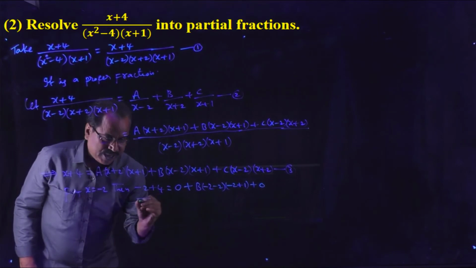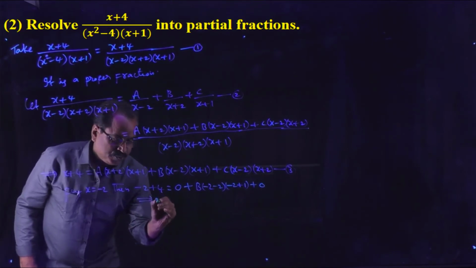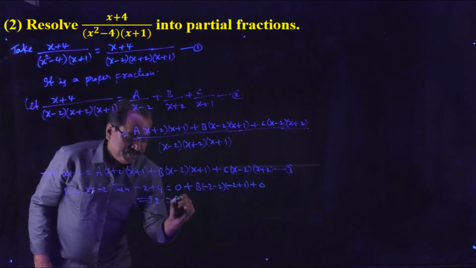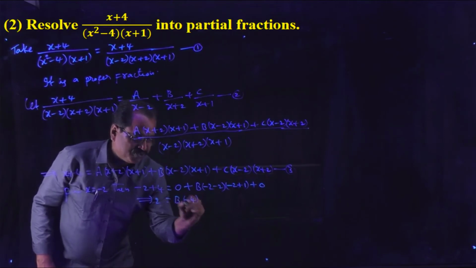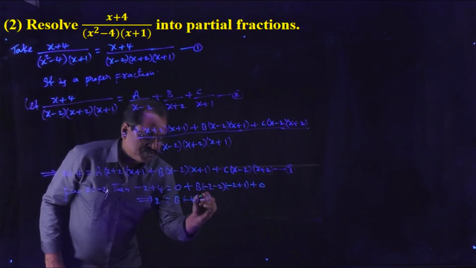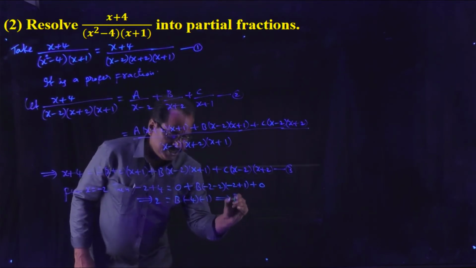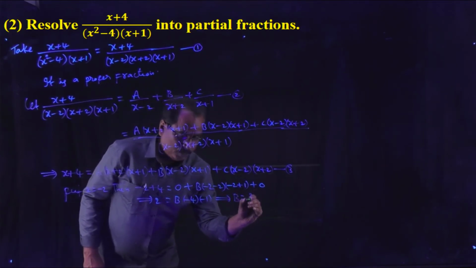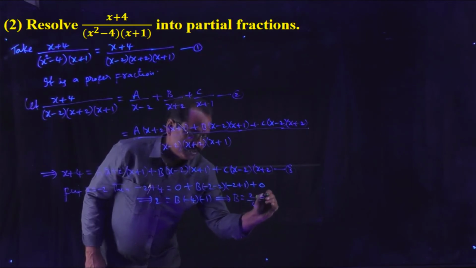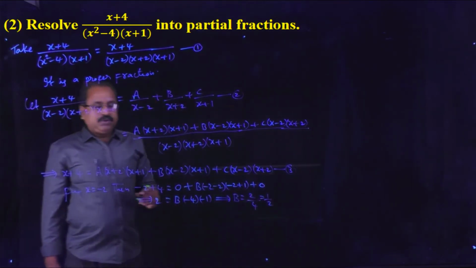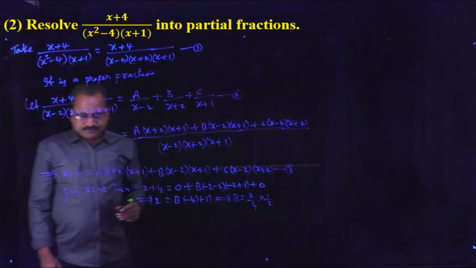So this implies 2 is equal to b into minus 4 and minus 1. So this implies b is equal to 2 by 4, that is equal to 1 by 2. So b is equal to 1 by 2.